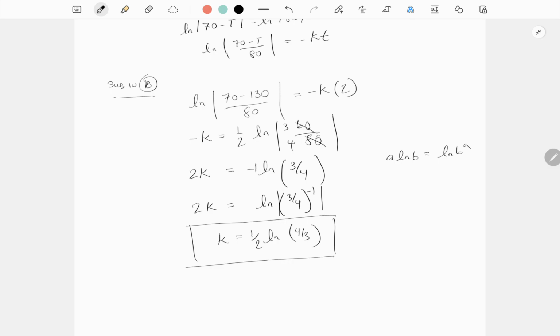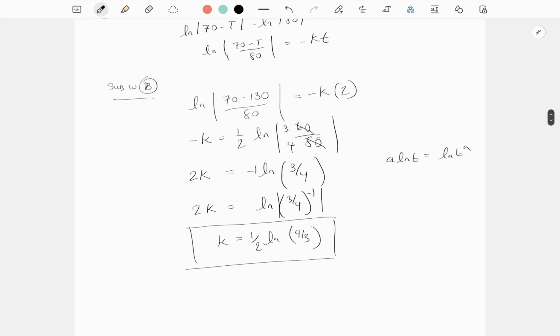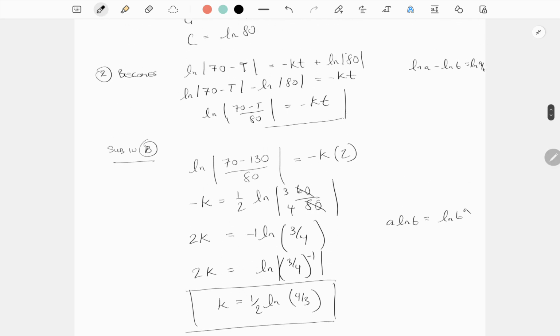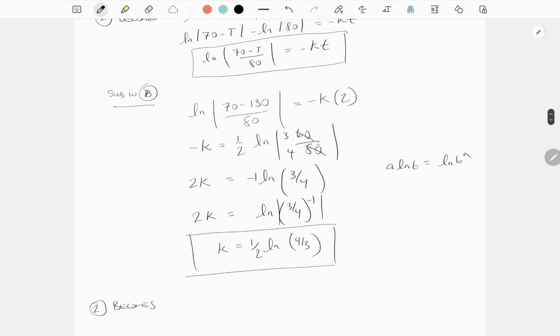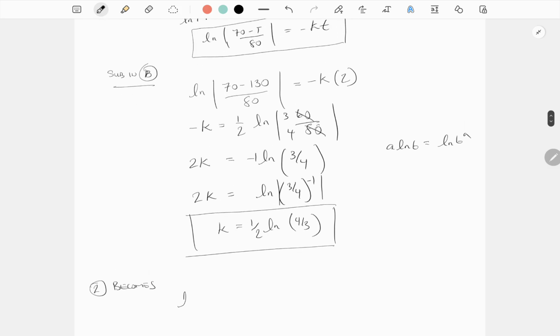Great, awesome. Let's plug that into our formula. Ln of 70 minus t over 80 equals negative... you know what, I could have just used this.